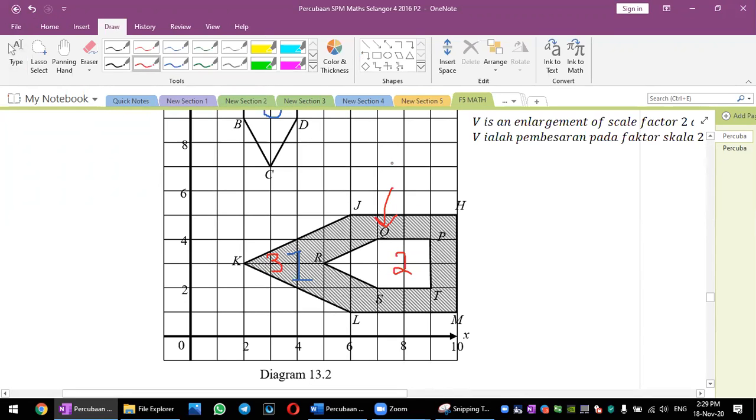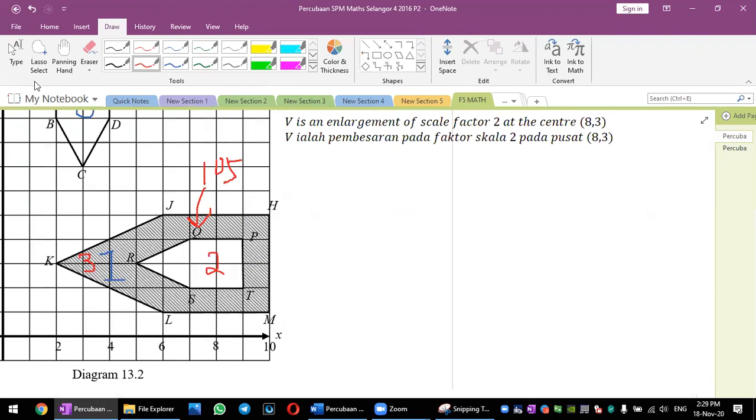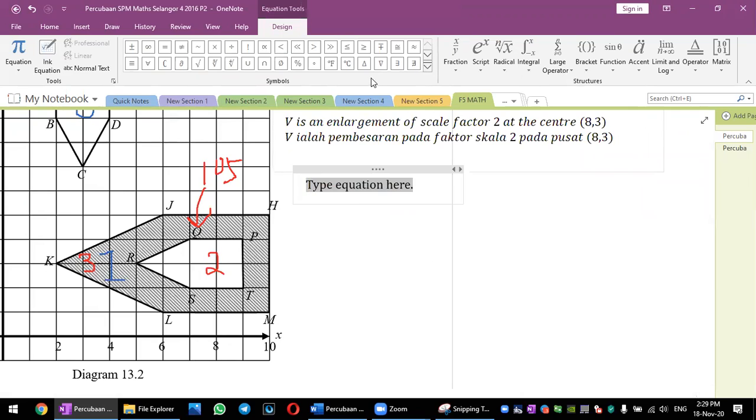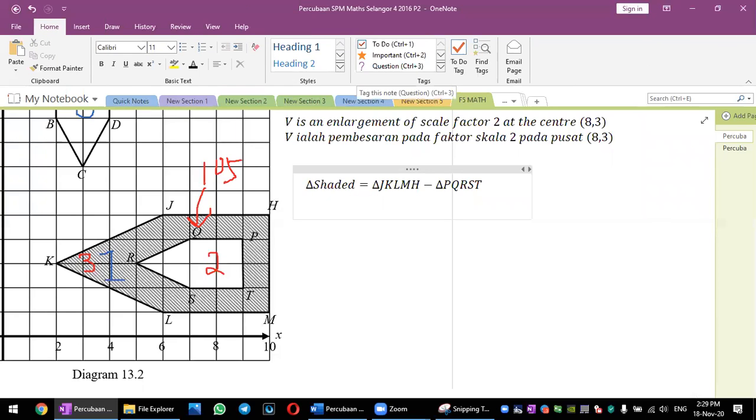Actually, how do you find the shaded region? Shaded region means the big one minus the small one. So the shaded region is the area of the big one, JKLMH, minus the small one, PQRST.